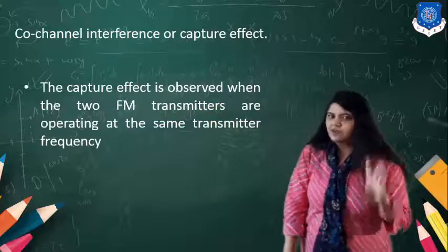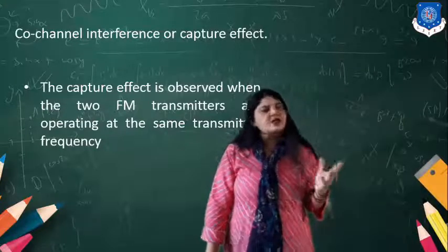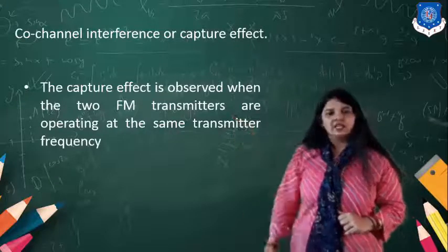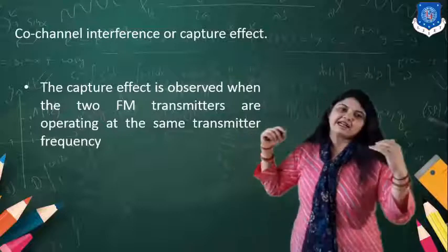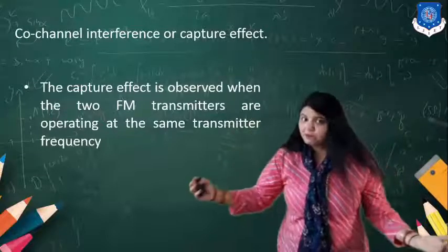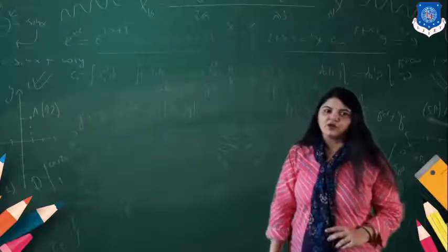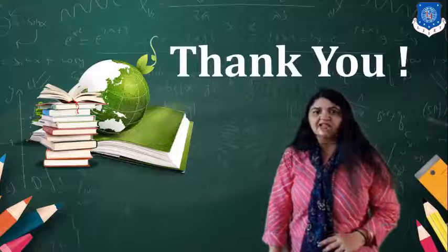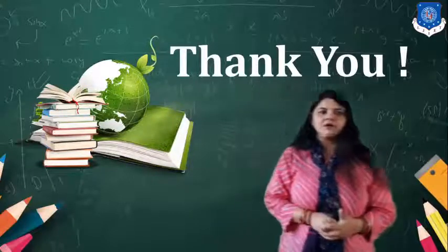So if the same frequency is to be used by two FM transmitters, then the co-channel interference can occur, so a sound distance is always required between the two, and that way we can improve it. So this is about the capture effect, the interference that could occur in the communication.